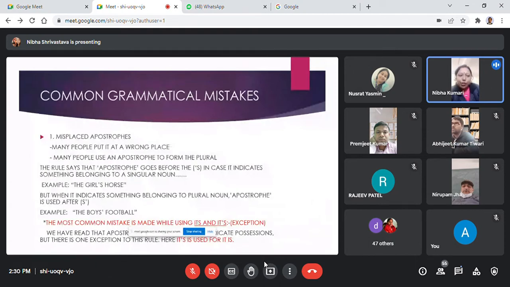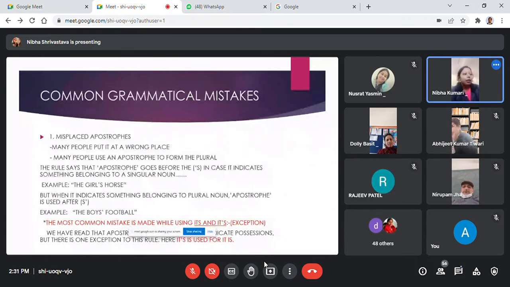We use apostrophe s with it when we have to shorten it is. When we have to show belongingness, like suppose we are talking of an animal, its food, we will not use an apostrophe mark there. But if we have to shorten it is, then we will use the apostrophe mark with it.